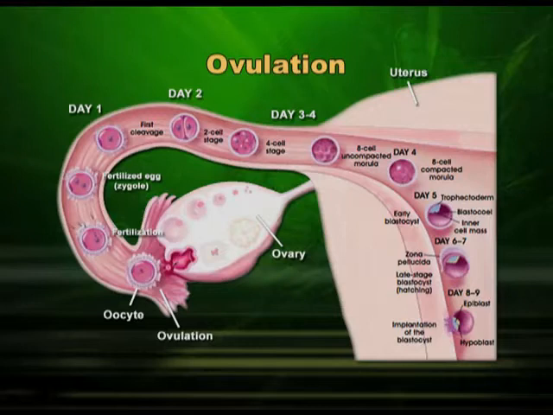In this stage, 16 or 32 cell stage, it reaches the uterus. You can see it is getting implanted in the endometrium of the uterus, and once implanted, the placenta is formed and further divisions will take place, and the baby will form out of this in due course of time.